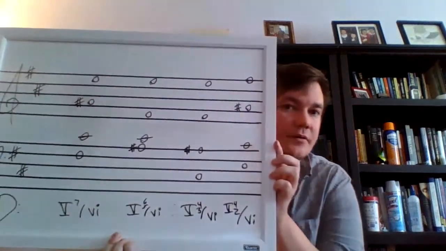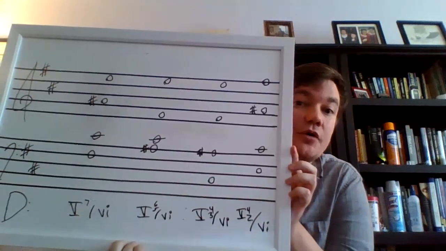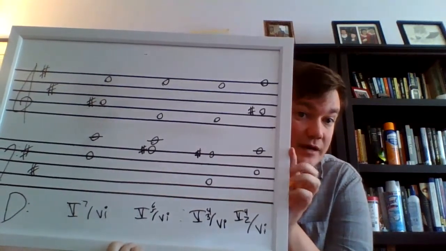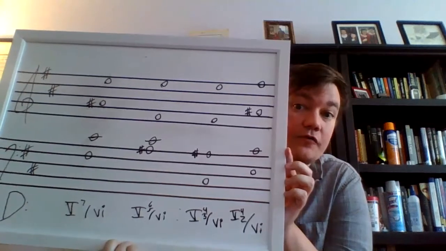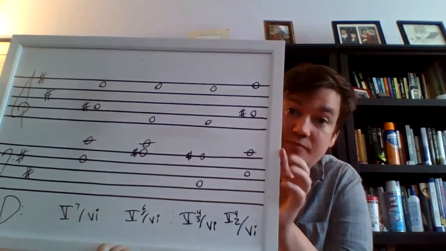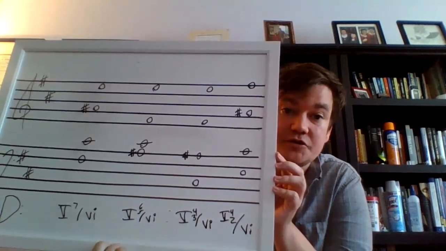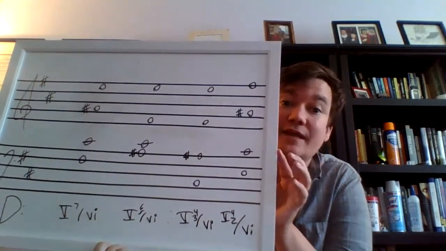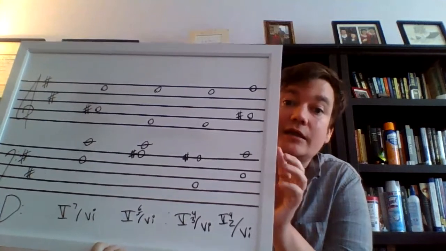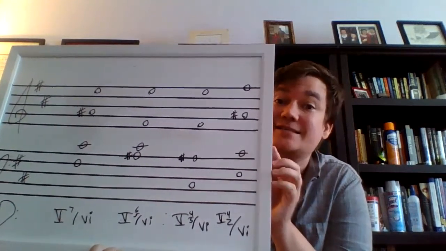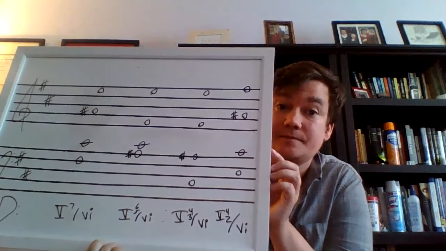So if we go back through it, our root position has that F sharp in the bass. Our first inversion has the 3rd, which is A sharp, the note we had to alter, in the bass. And our second inversion, our 4-3, is going to have that C sharp in the bass. And lastly, our 4-2, which has the 7th in the bass, is going to have that E in the bass.